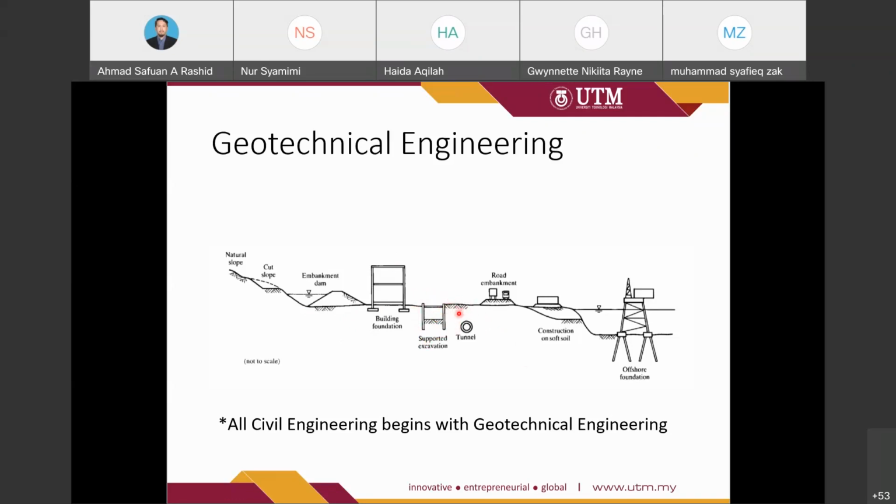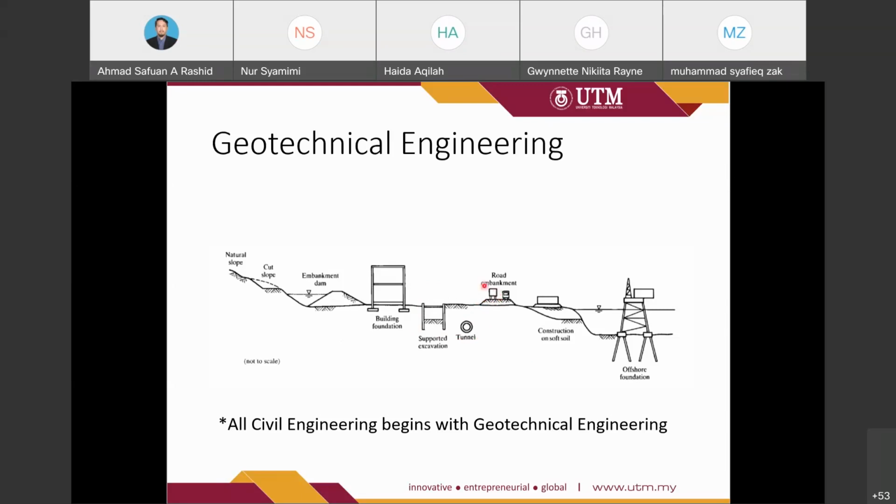Then we go for a tunnel, to have a trenchless approach, trenchless approach. Then road embankment. So this is a common type of road platform, where we build a road embankment, or we can also use it to build railway tracks.